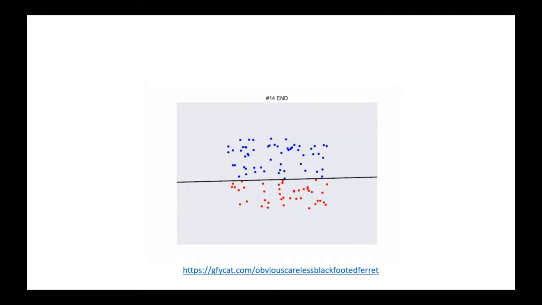I'm not sure if everybody heard that. Ziwen is asking how much data we need to train a neural network model. That depends on the complexity of the data, and it depends on the decision boundary.